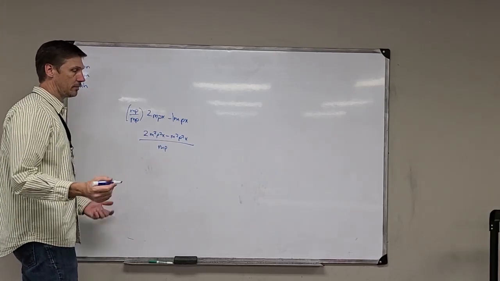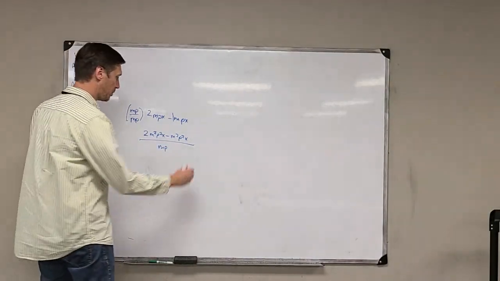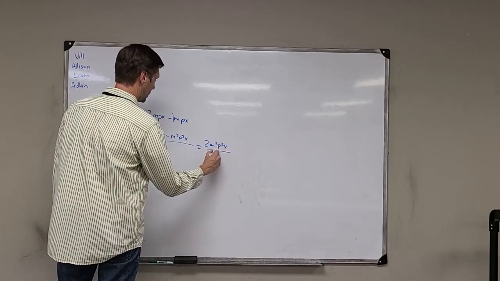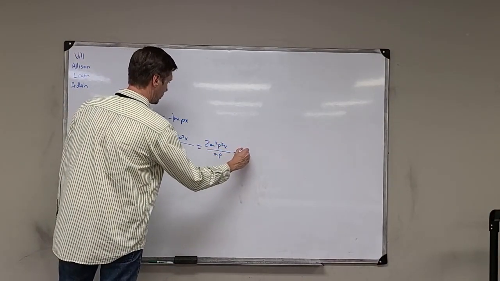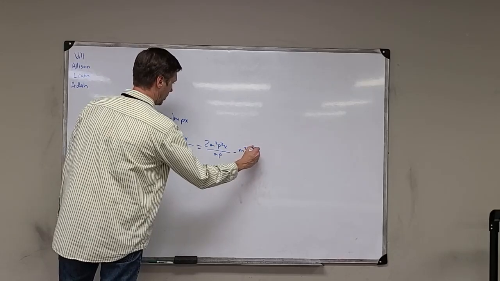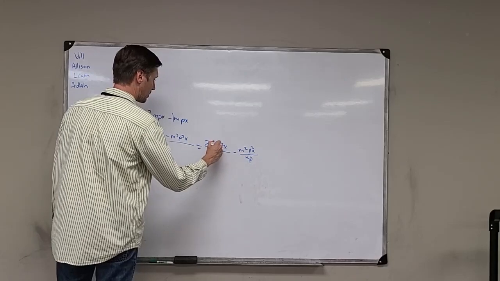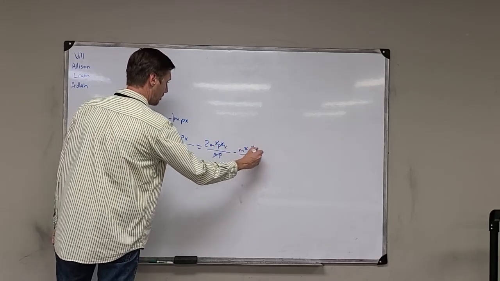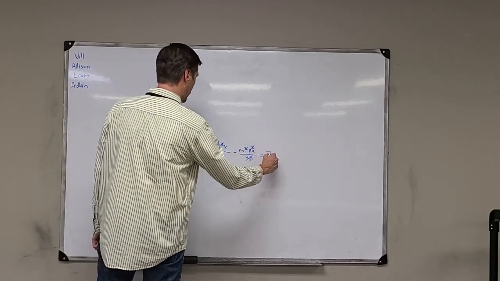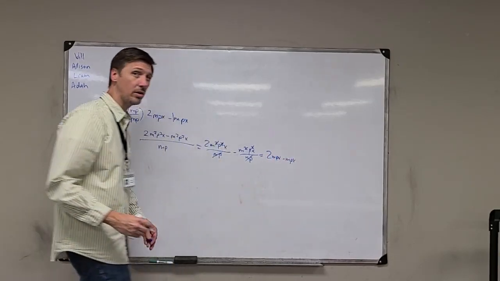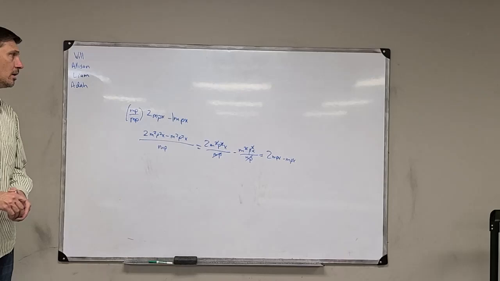And I'm back in the same boat. If I split them up into terms, MP down here minus M squared P squared X over MP here, then these MPs would cancel out with one of the MPs on the top. And once I simplify, I'm right back where I was before, 2MPX minus MPX. So yeah, there's no way to get rid of those, okay?